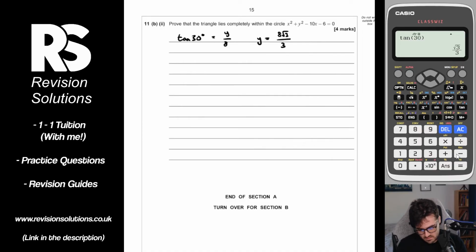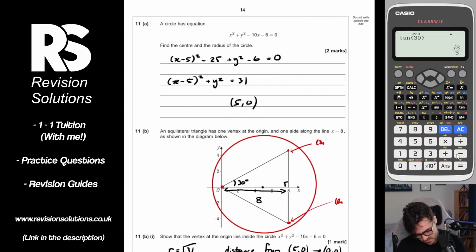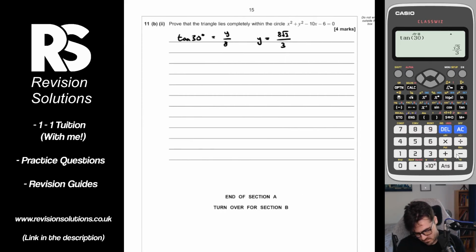So now we have our x and y coordinate. So the x coordinate was 8. So for our vertices, they have coordinates 8 and plus 8 root 3 over 3, and 8 and minus 8 root 3 over 3.